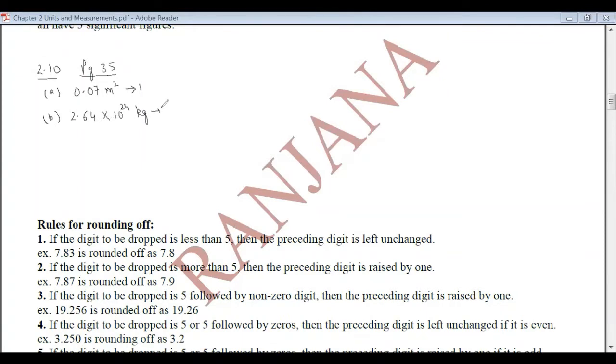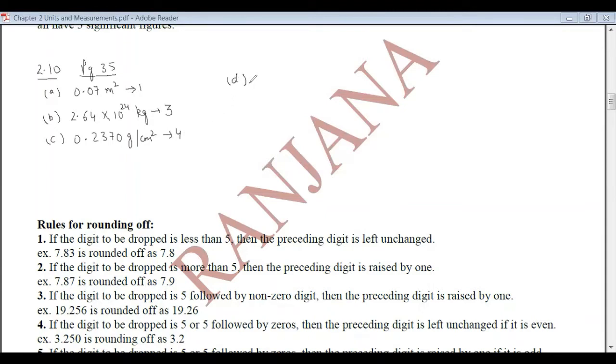So the number of significant figures here will be only 3. The C part is 0.2370 grams per centimeter cube. As there is a decimal in the quantity, the last zero will be considered significant. So the number of significant figures here is 4.